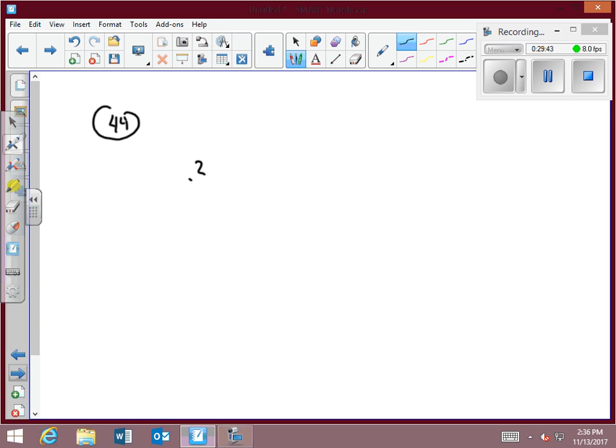So here's 2 over x equals 4 over x plus 1. Now, whatever we do, we're either going to have to cross multiply, and that would be if we multiply the means times the extremes, or we'd have to multiply by the least common denominator.